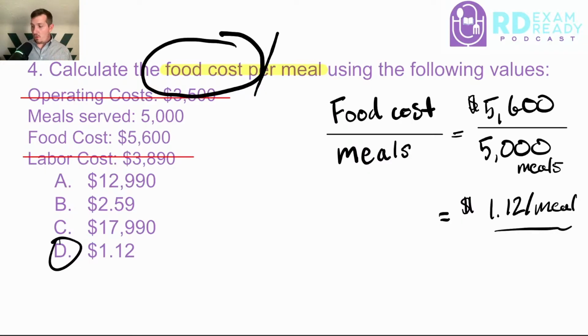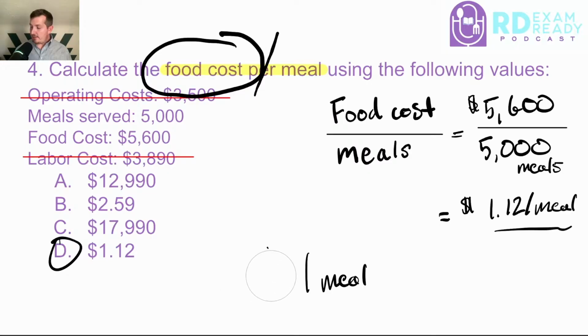Laura, if it had said, for instance, the total cost per meal, well, I'm probably going to be using most of these costs to do that, because it specified the total or all of the costs included. But because the question just said food cost, I'm only going to include food cost.